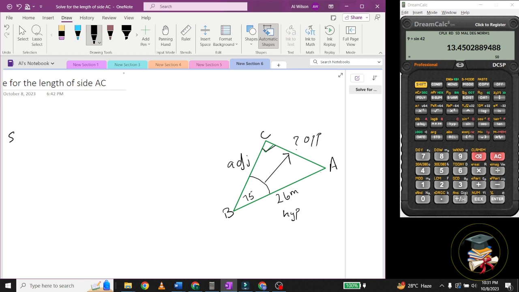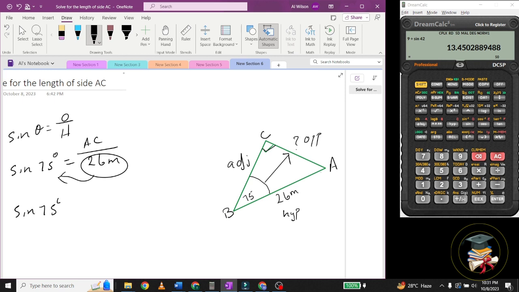So sine theta, which is our opposite over hypotenuse: sine of 75 degrees is equal to our opposite, which is AC, divided by the hypotenuse, which is 26 meters. Therefore, we're going to take it over and multiply.